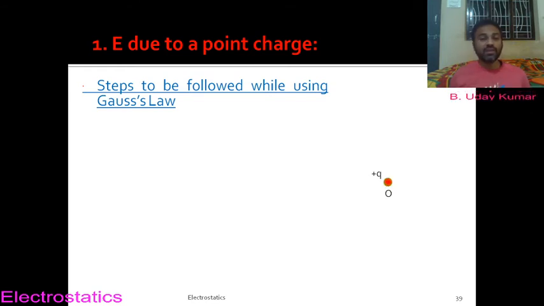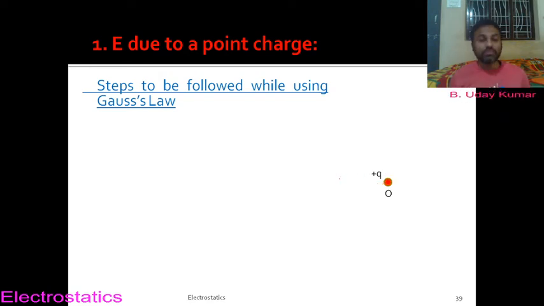Let us assume that this is the point charge plus Q which is present at O, because of which I want to find the electric field intensity. And remember, by using Coulomb's law, we already found the electric field intensity, but here we are trying to find the electric field intensity of this plus Q charge using Gauss law, so that you remember it.